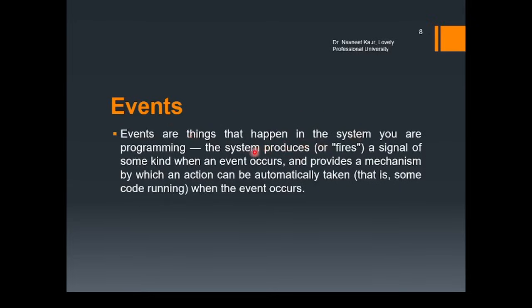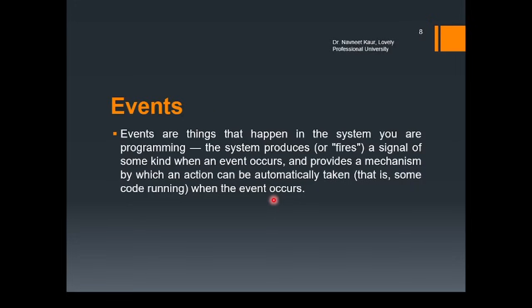If we talk about events in general, events are the things that happen in the system you are programming. At that time your system produces or fires some signal when that event occurs, and it also provides a mechanism by which an action can be automatically taken when that event occurs. Whenever you click on some button, some action is required.